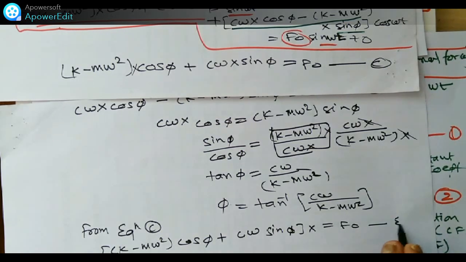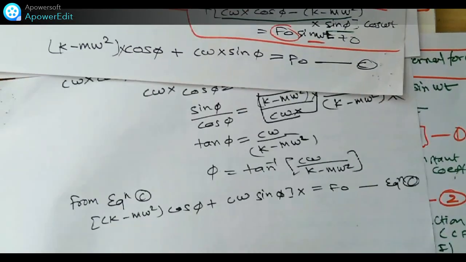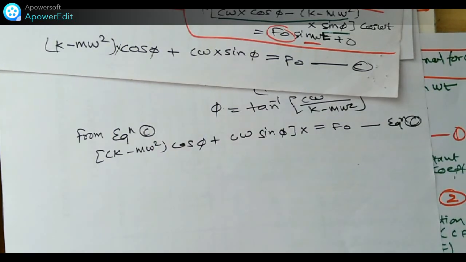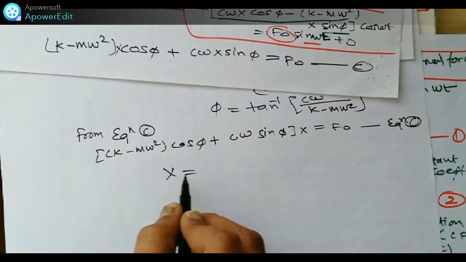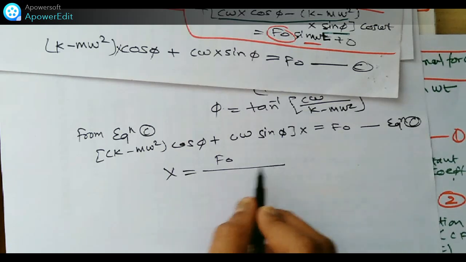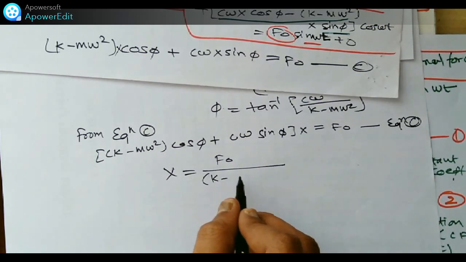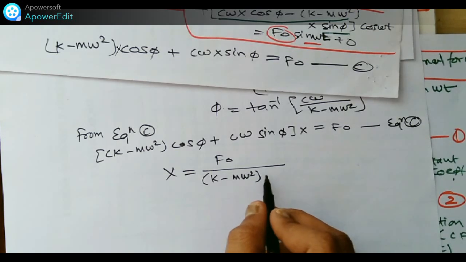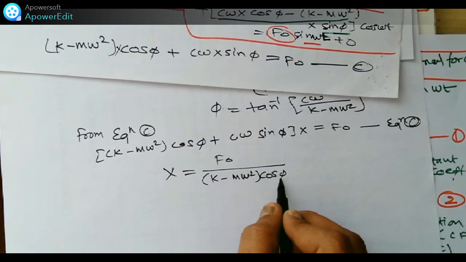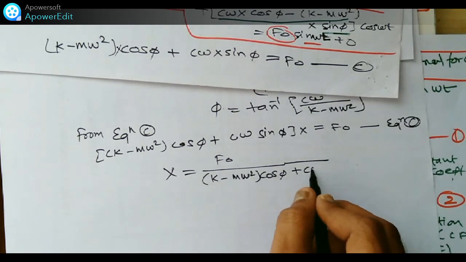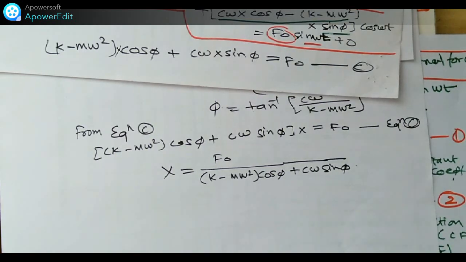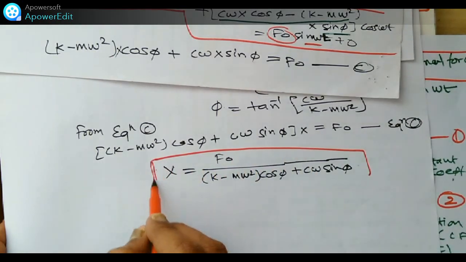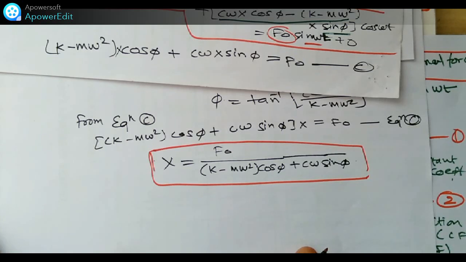This is equation C. Correct? So from this equation C, the unknown amplitude x is equal to f0 upon k minus m omega square, inside the bracket close, cos of phi plus c omega sin of phi. This is the value of x. From these we can determine the value of x and the value of phi.